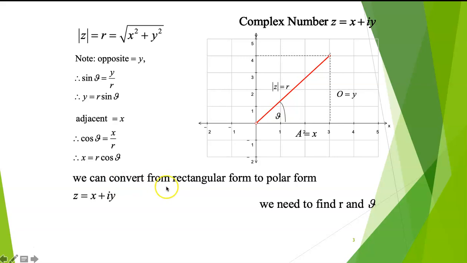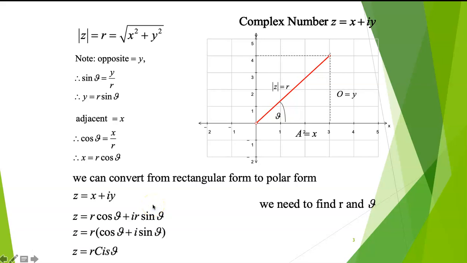We can convert from rectangular form to polar form just by finding the modulus and the argument. Only by finding the modulus and the argument can you convert. And if you know the modulus and the argument, you can use this equation, r cosine theta plus i r sine theta, to convert it back into rectangular.